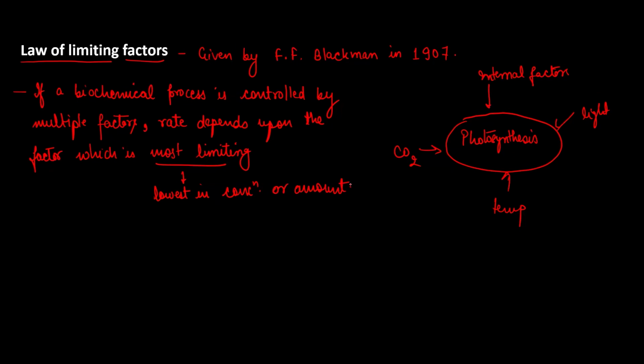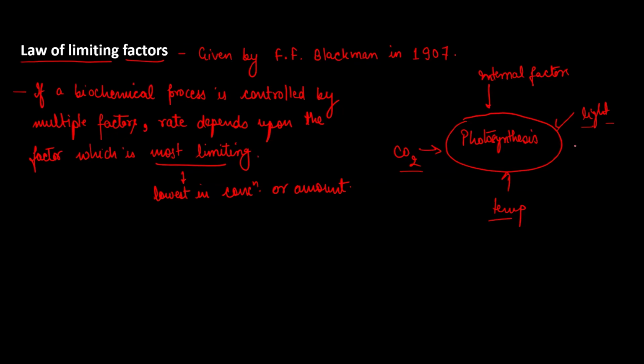Now, suppose we are talking about carbon dioxide, temperature and light, but we know all these have different units, right? So how can we say which is the least in concentration? There is one term known as optimum. Optimum is the concentration at which you will obtain the maximum rate or maximum growth.